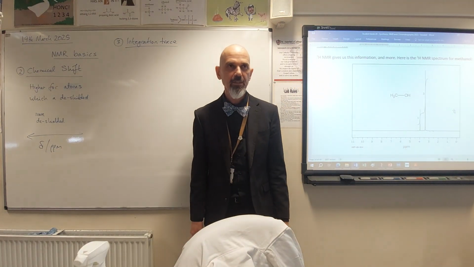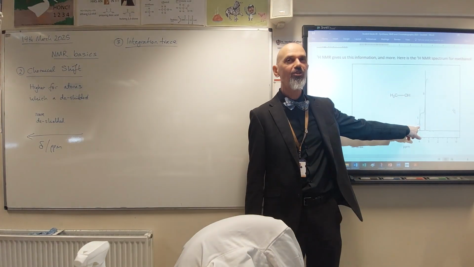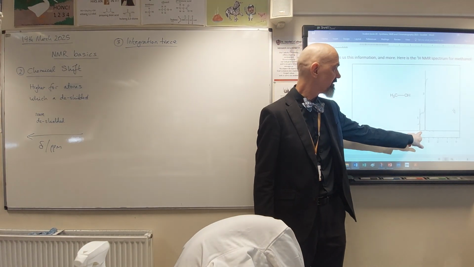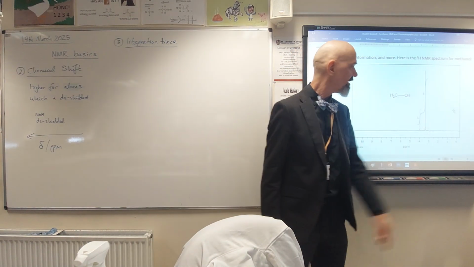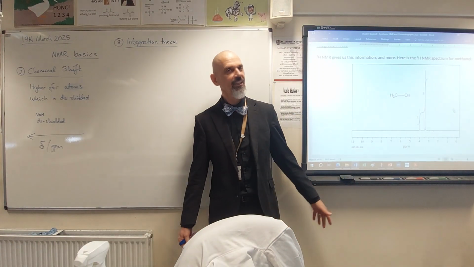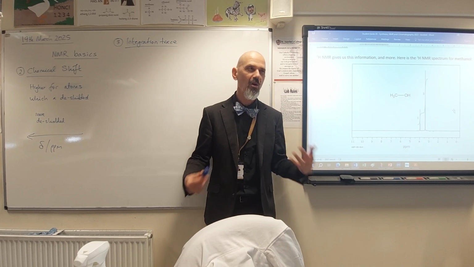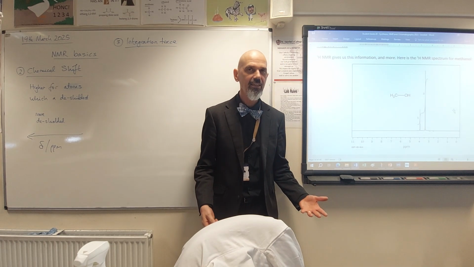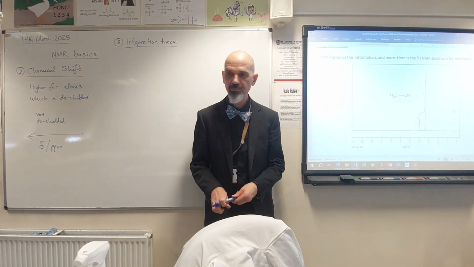1 to 3. So this gives us the very useful information that there is one hydrogen at chemical shift of around about 4, and there are 3 hydrogens with a chemical shift of around about 3.3. Now, hopefully for methanol, that's blindingly obvious that the hydrogens are in a 1 to 3 ratio. But once molecules get a bit more complicated, that ratio is going to be very, very helpful for us.